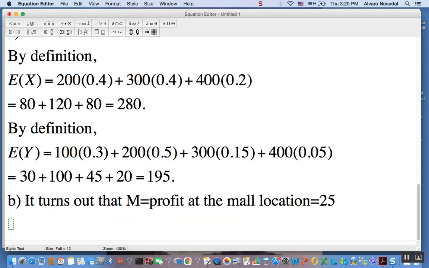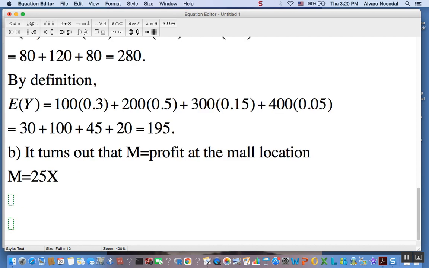Since the number of phones is represented by X, then that's what we have. Let's find the expected value of the profit at this particular location.